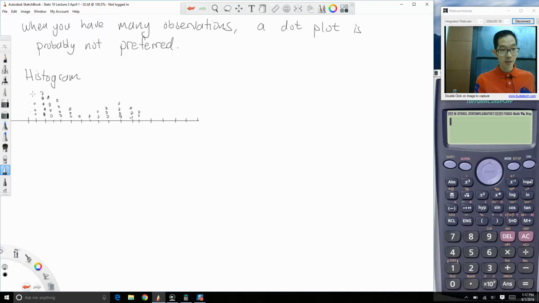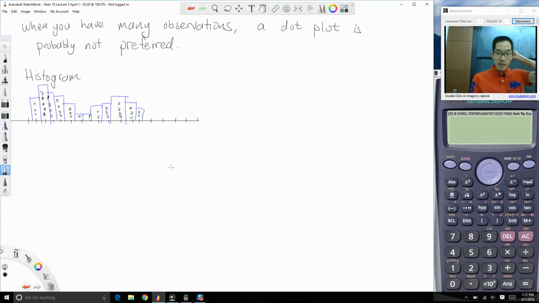I take this dot plot and turn it into a histogram just by kind of turning these into bars, like so, okay? And this is just a very poorly drawn histogram, but basically all I'm doing is turning these into bars, and then suddenly this is now a histogram.